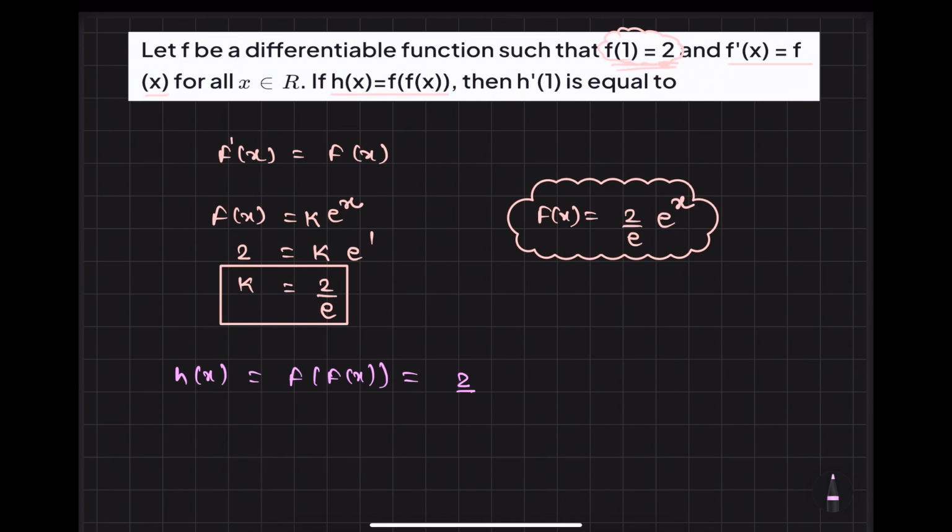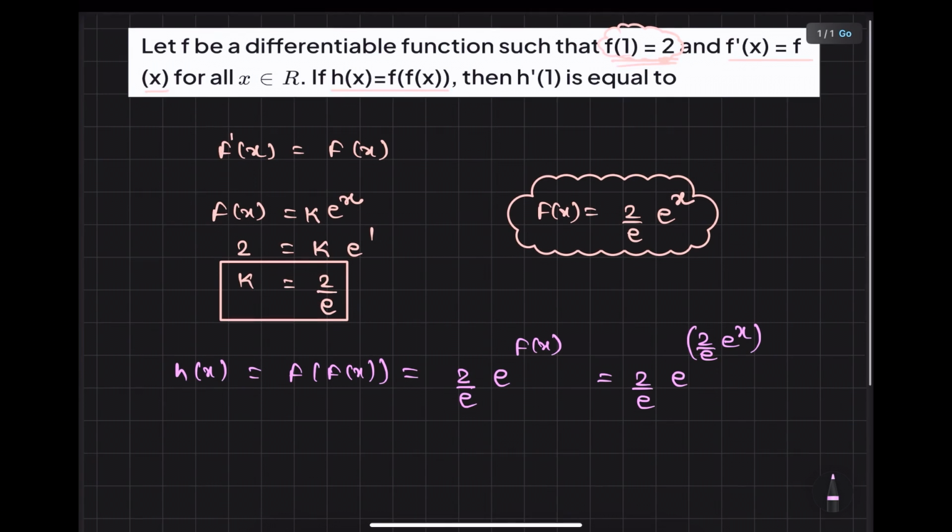So we will be writing 2 by e times e power f of x, correct? Now just replace f of x with the real thing. So 2 by e times e power 2 by e times e power x, correct? So this is your h of x.